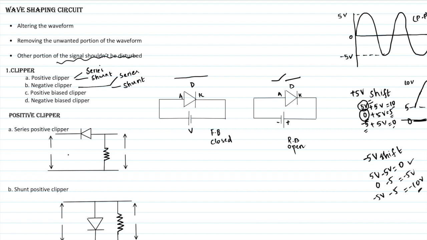Okay, first series positive clipper. Say if this is the input signal, 0 volt, so this is the diode and this is the resistor. Now first let's allow the positive cycle.